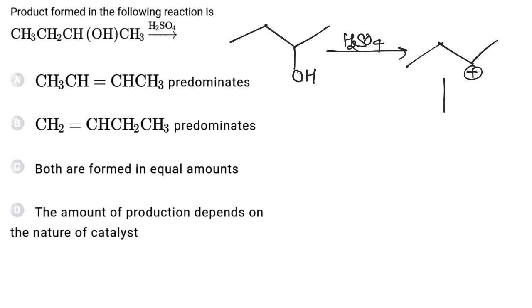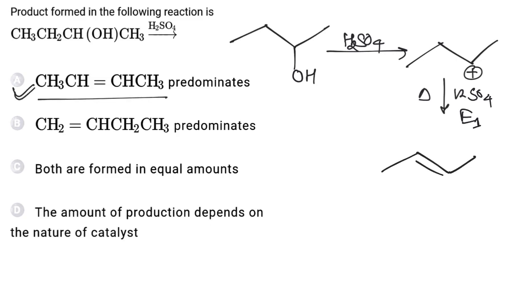Now the carbocation, on heating with H2SO4, gives alkene via E1 mechanism. So 2-butene is formed as a product and hence the correct answer is A. 2-butene is the major product of the reaction, while 1-butene will be the minor product.